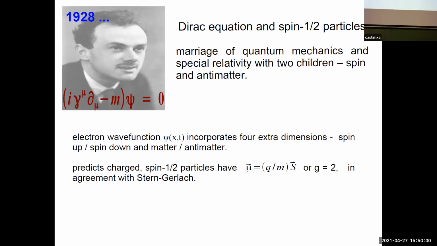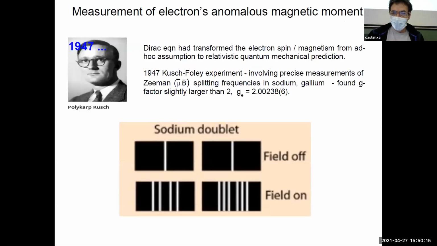So it actually predicted the value of G, and the value of G that was predicted was 2, which is what Stern-Gerlach measured. And so that was incredibly successful. Okay, so those were the 1920s, and now we're going to roll forward about 20 years or so to the late 40s.